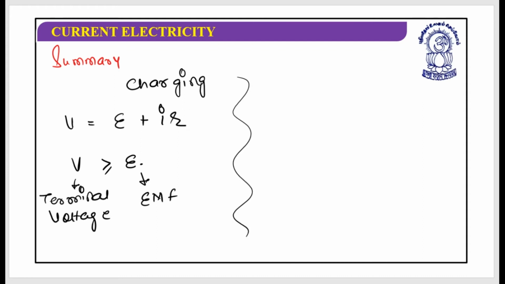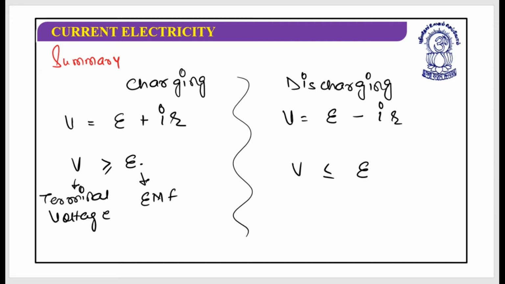And if it's discharging of a cell, then V is equal to E minus IR, where V is less than or equal to E. I hope these things are clear.